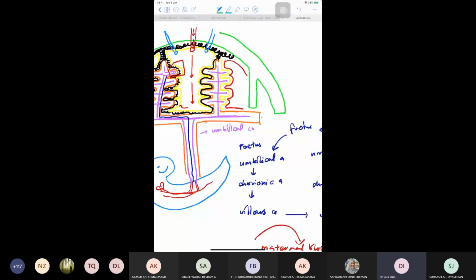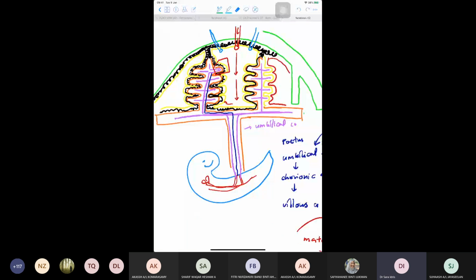It doesn't fuse here. It leaves spaces. So it gives off this septum in a few places here.